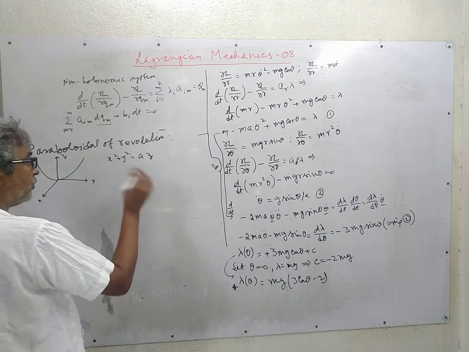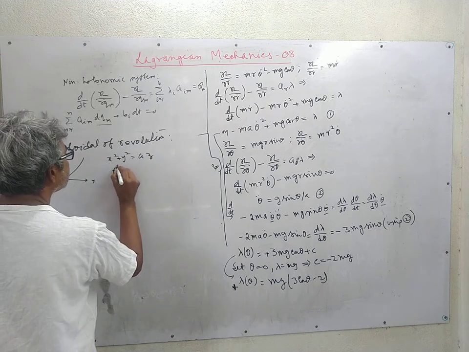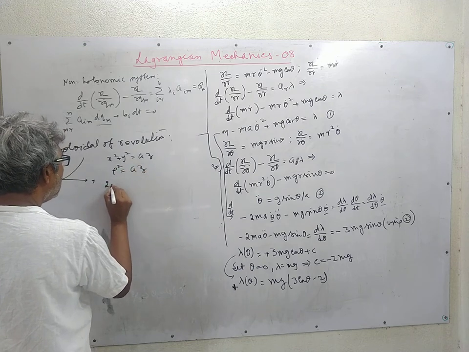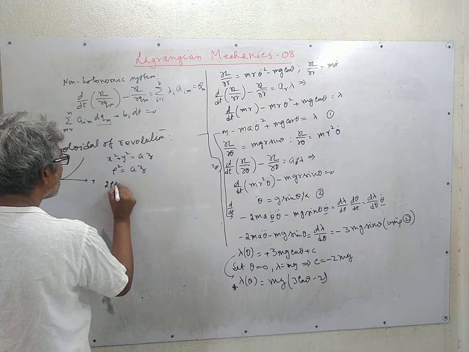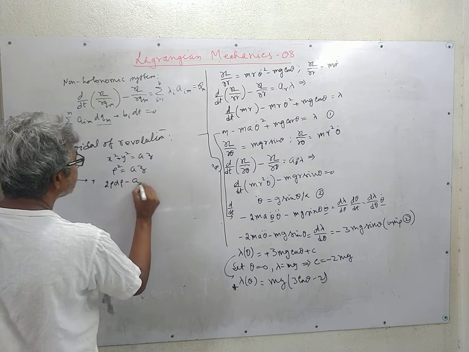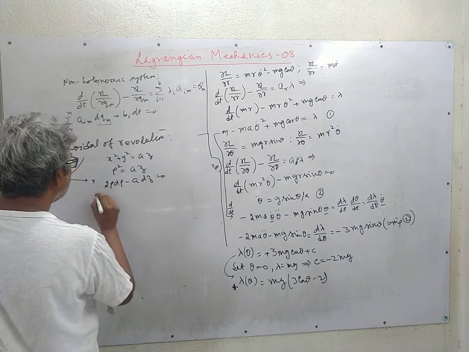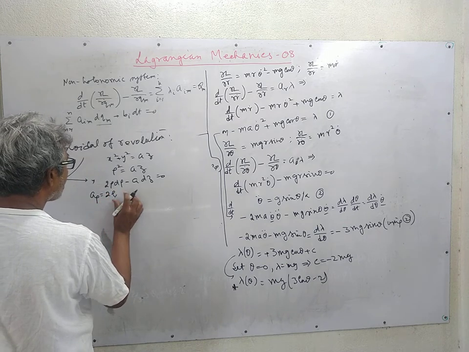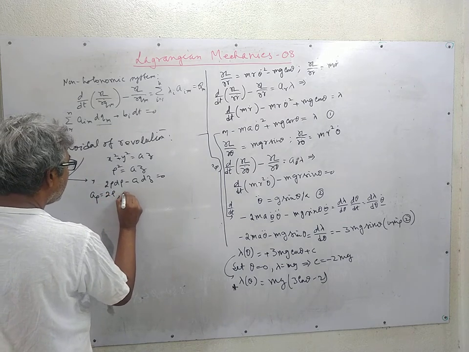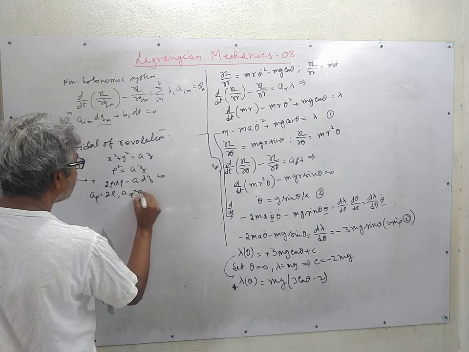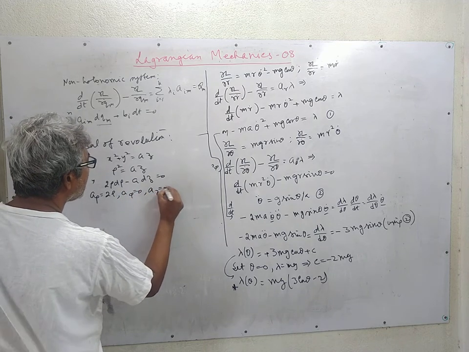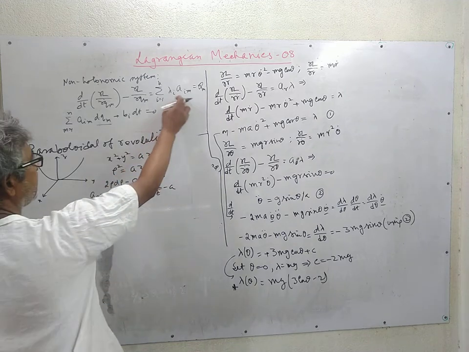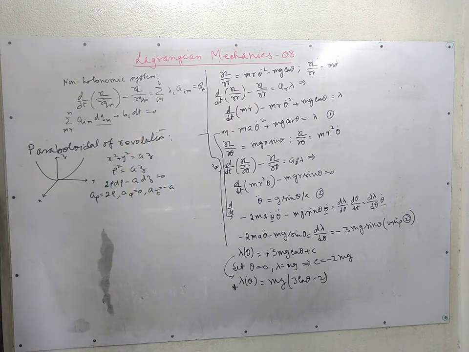If we switch over to the cylindrical coordinate system, it is ρ² is equal to az, or 2ρ dρ minus a dz is equal to 0, so that Aρ is equal to 2ρ, Aφ is 0 and Az is equal to minus a. These are the quantities A required there.